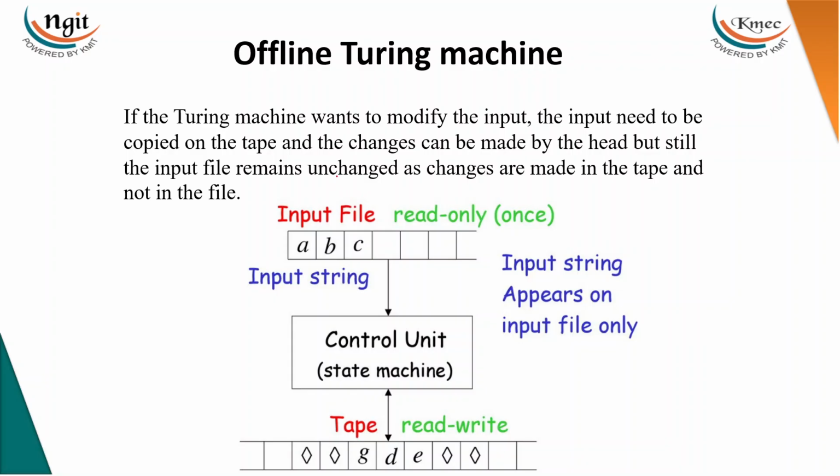We discussed this in the multi-track, right? We are taking the input file, but we are not going to change this. Even though you are modifying it, we have to make this unchanged. So we are using an extra tape. This tape is read only. The other tape is read write, you can make whatever change. This is called the offline Turing machine. Offline means this is not dynamically changed.